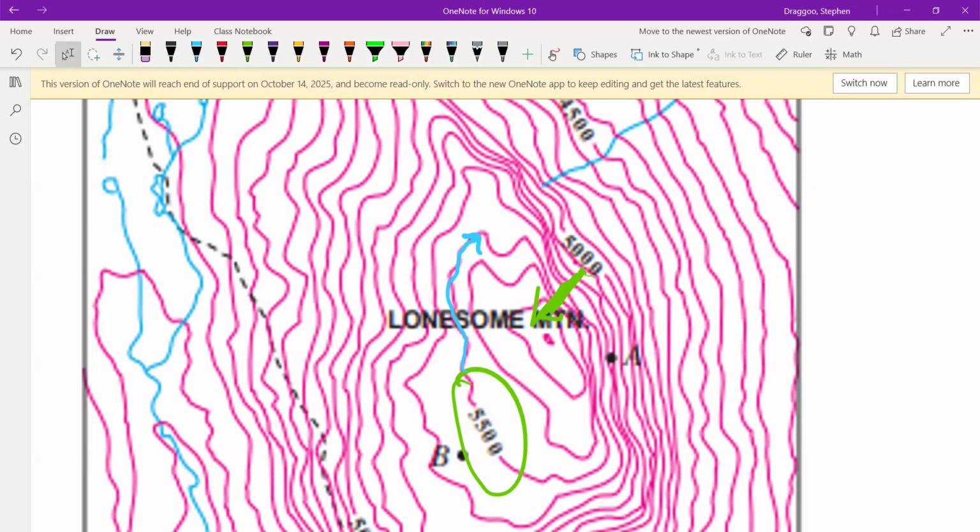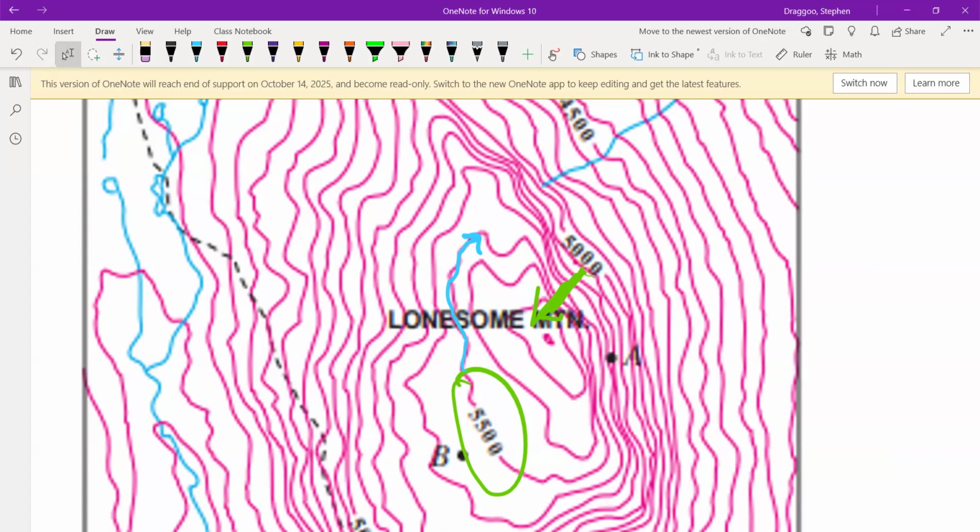Or in other words, my directional derivative along that path is 0 because my elevation's not changing. The thing that I'm measuring is my elevation. If I stay along a contour line, my elevation does not change. So tangent to these curves is going to be a directional derivative of 0.